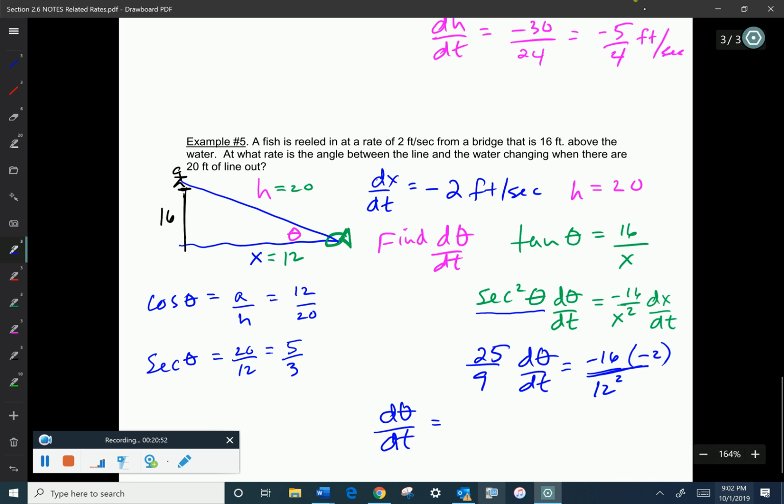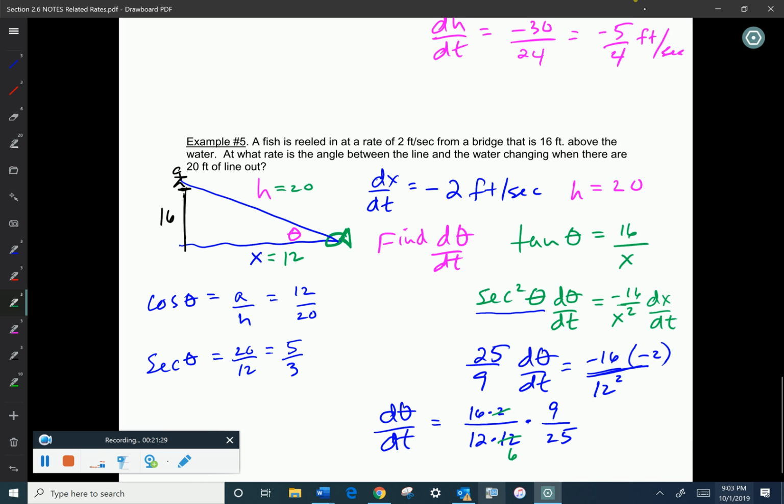On the other side, I had 16 times 2, and I know that's 32, but I want to show you something. On the bottom, I have 12 squared. I'm just going to write it as 12 times 12. And if I want to get rid of this 25 over 9, couldn't I multiply by 9 over 25? So couldn't I do some simplifying here? Let's see. How about I do 2 into 12 6 times?